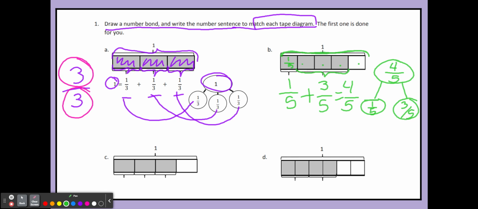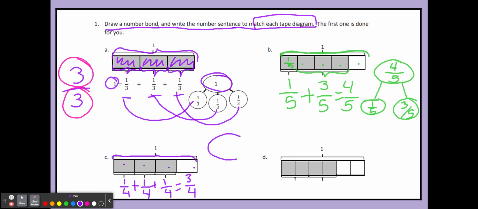For this one, so in our whole, we have 1, 2, 3, 4 pieces. So this part would be 1/4, 1/4, 1/4. If you add those together, you get 3/4.